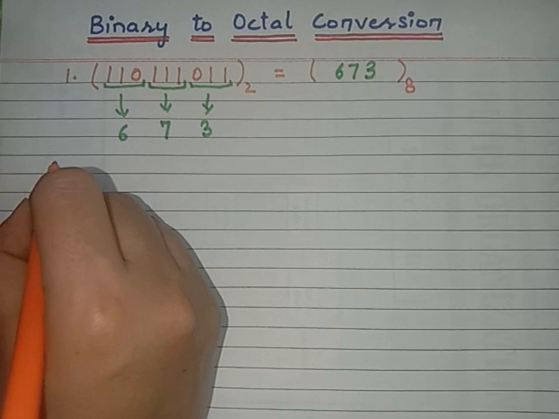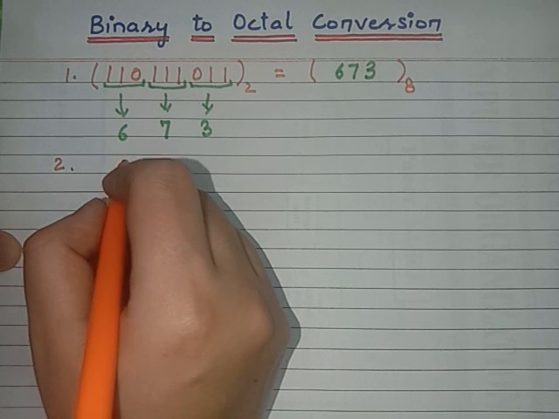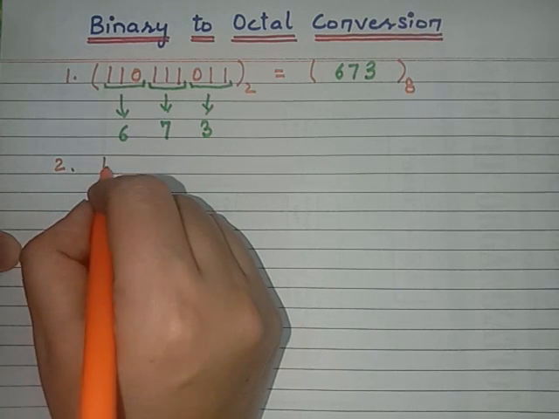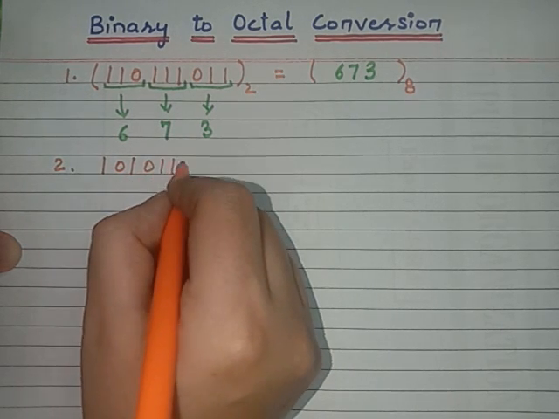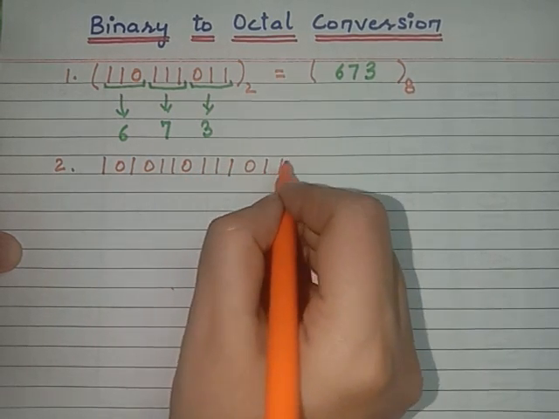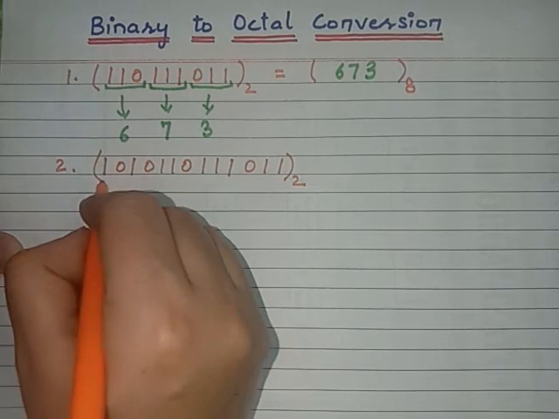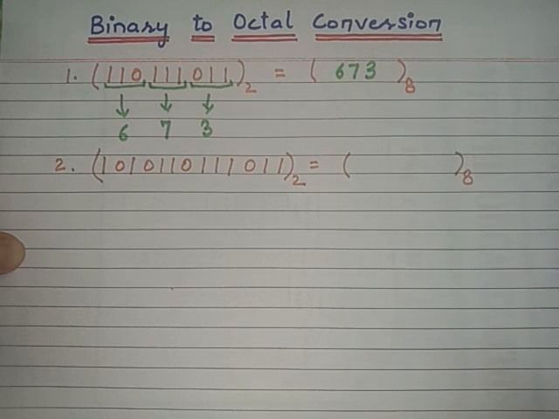So the second example I am going to have is, suppose I have any random number, I am going to take 1010110111011. Suppose this is any binary number. Now we have to convert this binary number into the octal number system.